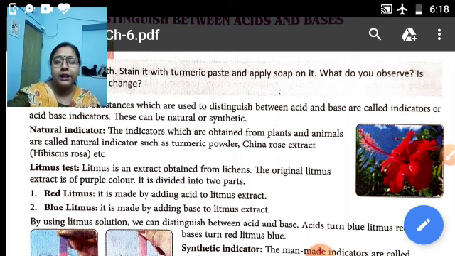But when we add acidic solution, then it changes into red. So that is called red litmus. And when we add the base in this litmus solution, then it changes into blue litmus. So red litmus and blue litmus are the common solutions, and they are also used in litmus paper, that is the red litmus paper and the blue litmus paper.